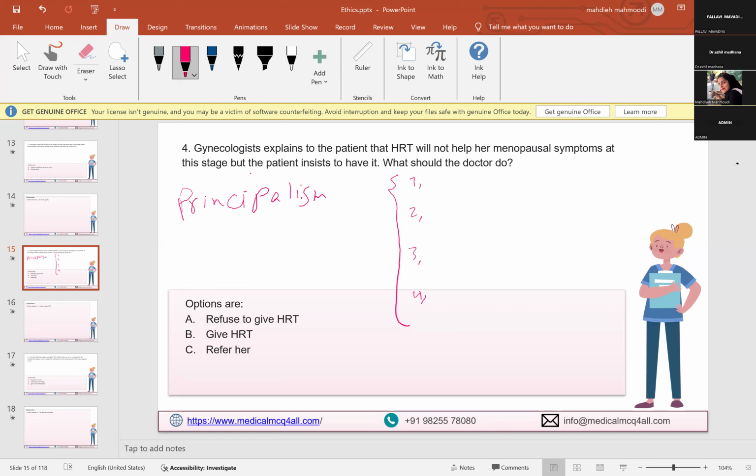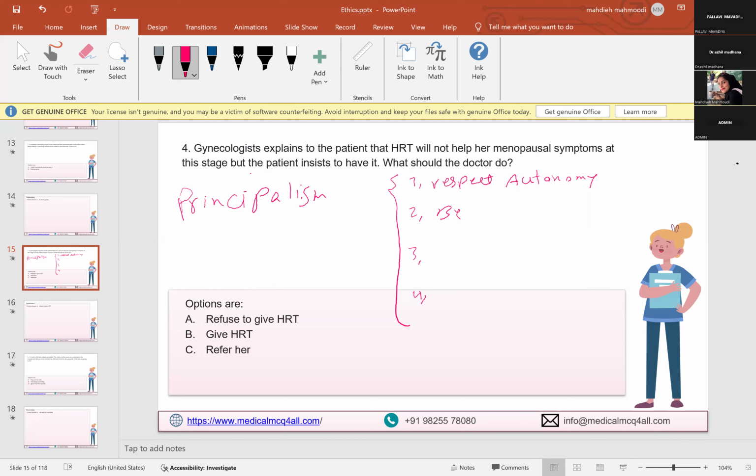So the first one is respect autonomy. Which means the patient should be the primary person who decides what they want to receive, what they want to have, what they want to omit. The patient should be the primary decision maker.